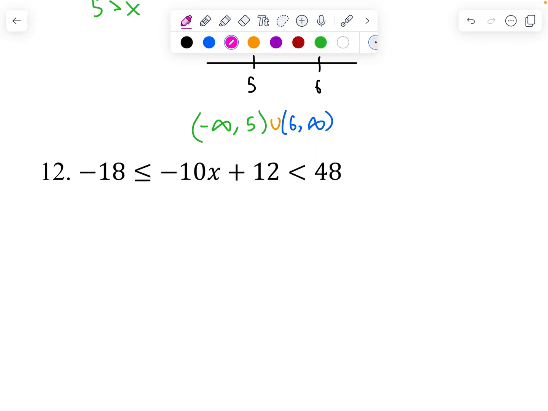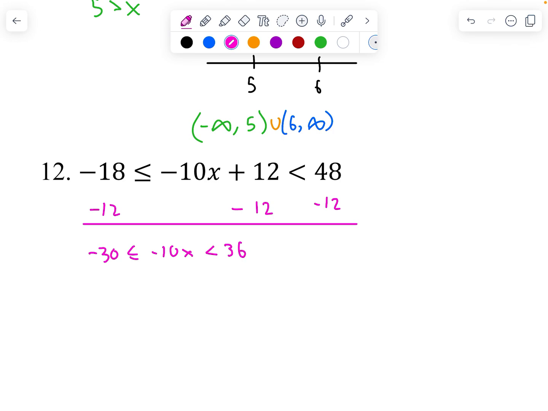So you can subtract 12 from all three sides. Subtract 12, subtract 12, subtract 12. And that gives you negative 30 is less than or equal to negative 10x is less than 36. And now you can divide by negative 10, but when you do, since you're dividing by a negative, this is the kind of thing that we avoided talking about for the most part because this is where mistakes tend to happen.